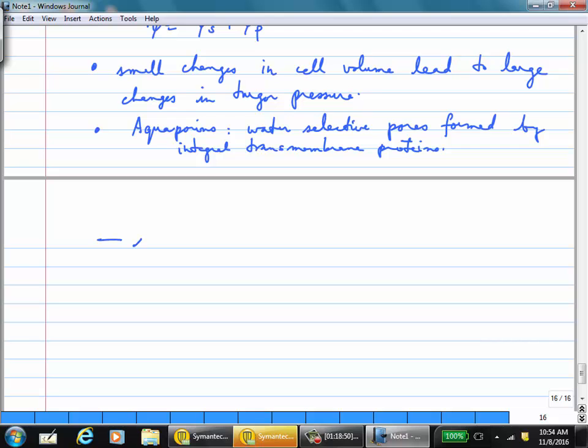And finally, we note that solute accumulation can lower water potential. And this happens in plants.